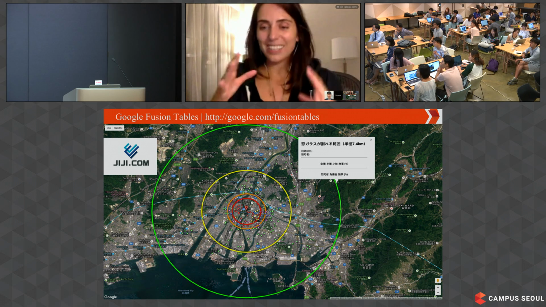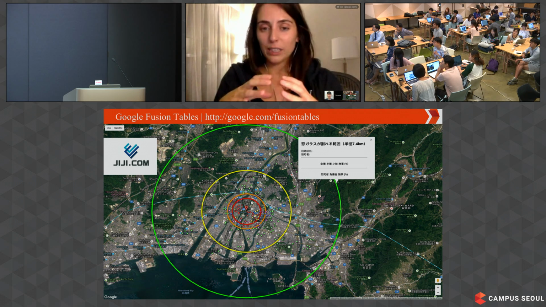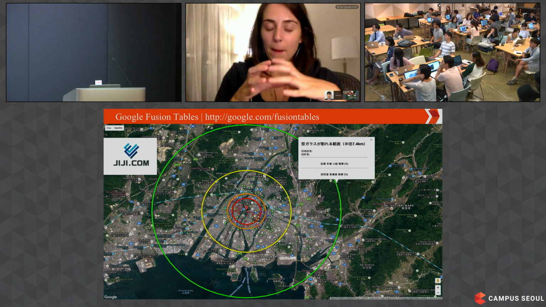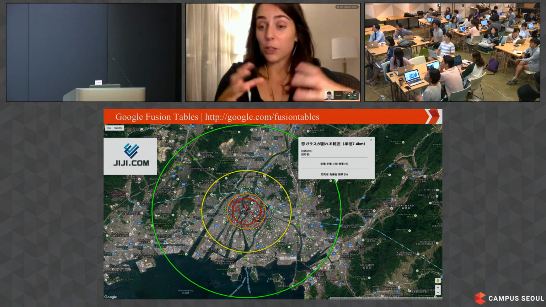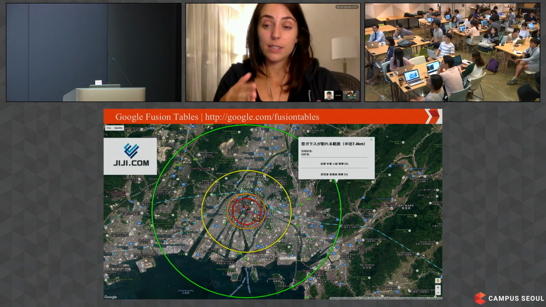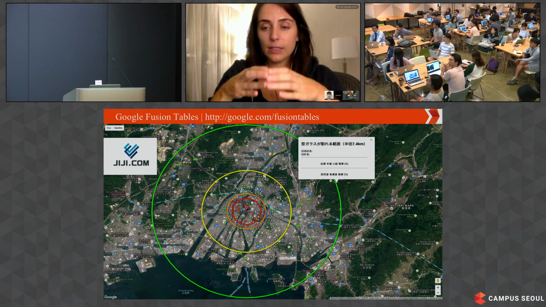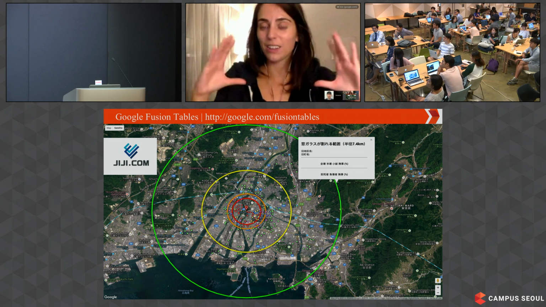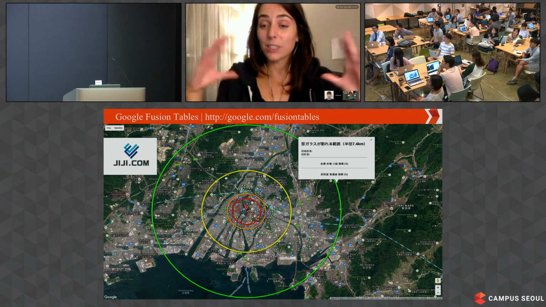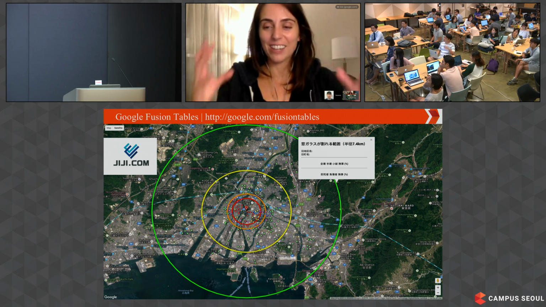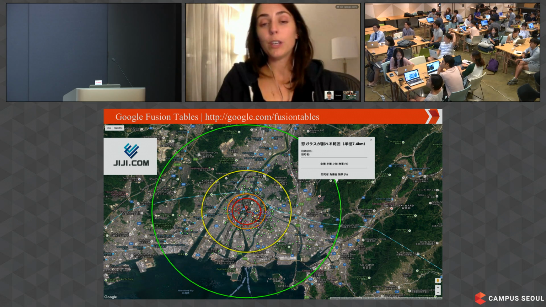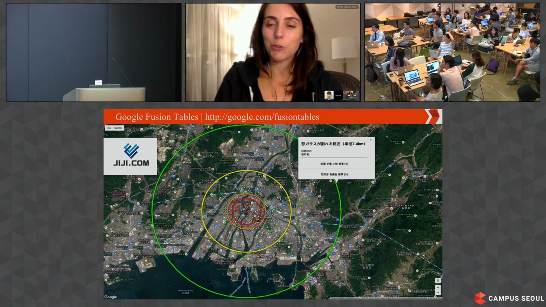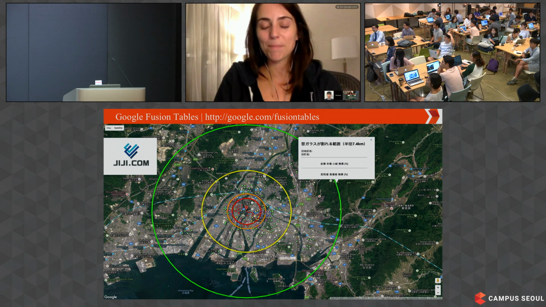What I liked about it is there were points overlaid, but you can also draw different shapes and overlay different data types onto the map. So you can see the circles are like impact zones, if you will. I'm trying to think of how to describe it. And you can do all kinds of interesting visualizations within this tool. Next slide.